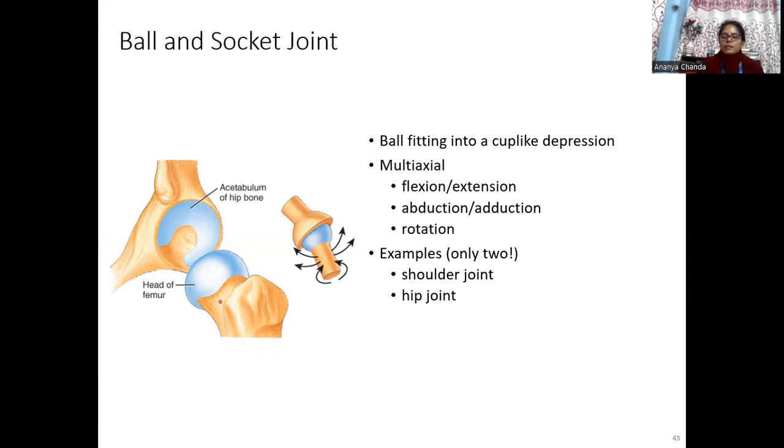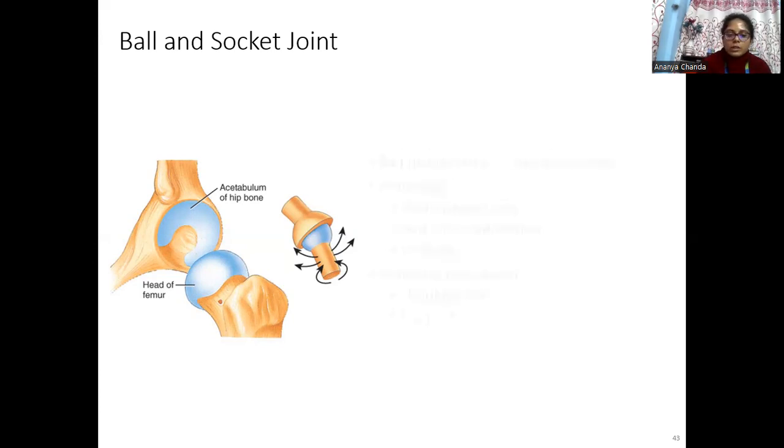It is multi-axial, meaning that it can move in different directions: flexion or extension, abduction or adduction, or rotation. There are two examples of this joint, the shoulder joint and the hip joint.